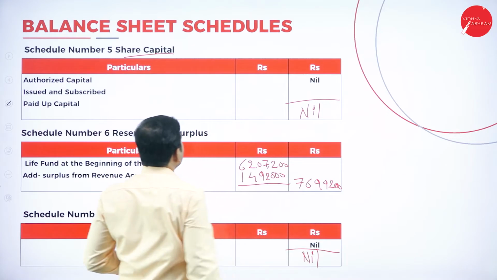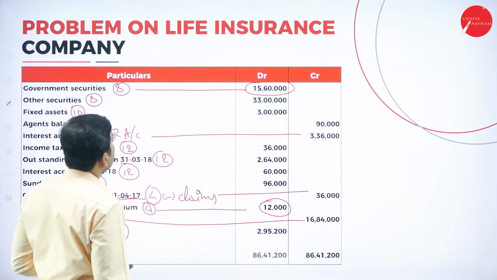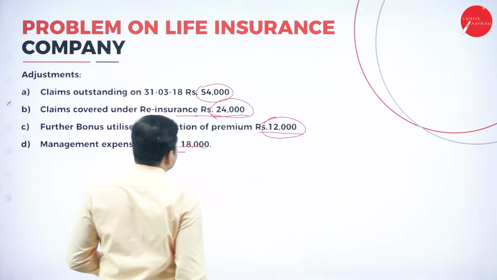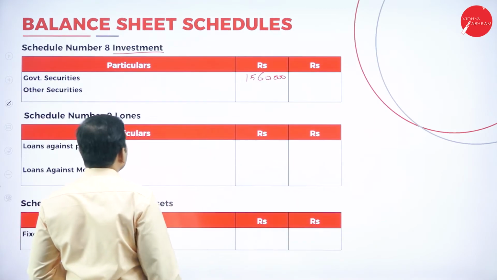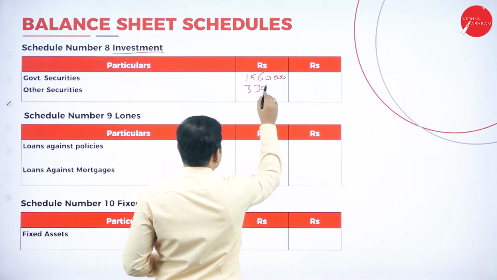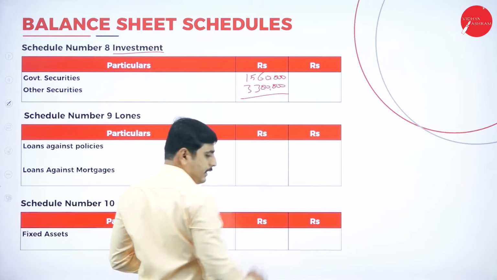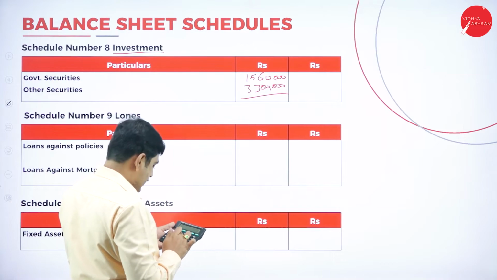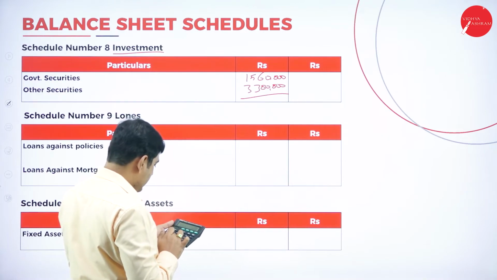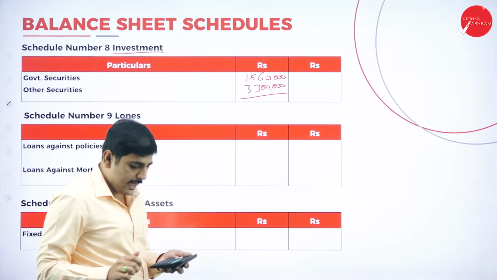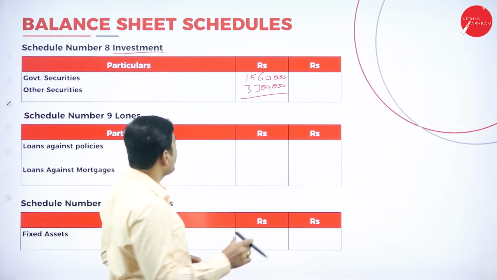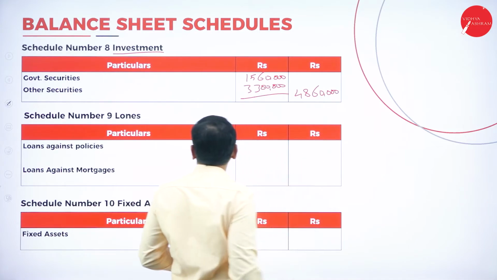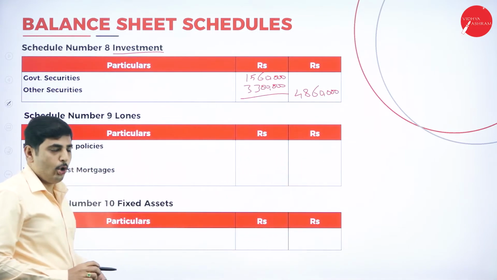Again, we have other securities of 33 lakh. Add this: 15,60,000 plus 33 lakh, we'll get 48,60,000.